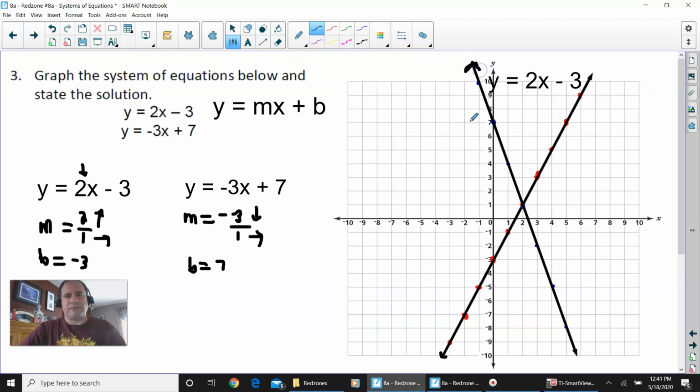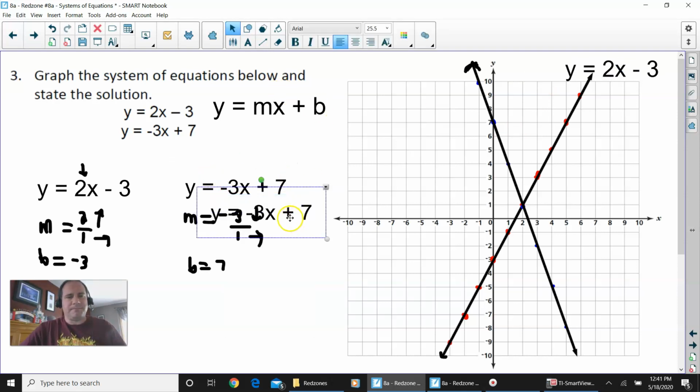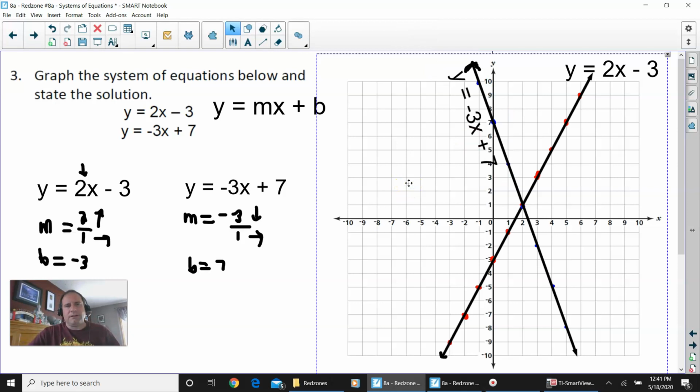All right, so I'm going to move this over, so this is definitely for this line, and then I am going to go ahead and make sure that this line has its own label. All right. So just remember also, when you're graphing more than one line on a graph, that's when you need the labels.